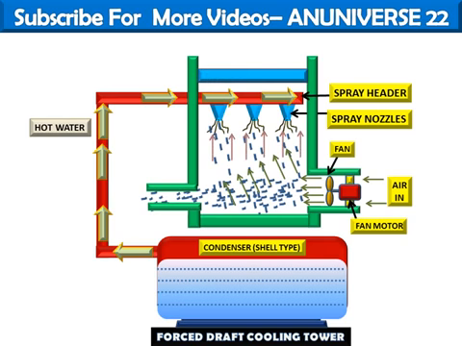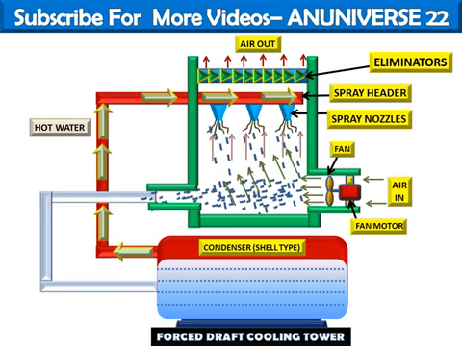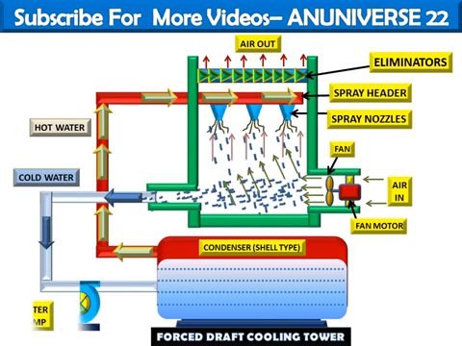Here is the eliminator, and from the eliminator the exhaust hot air goes out. This is the other pipe for supplying the cold water with the help of a water pump to the condenser.